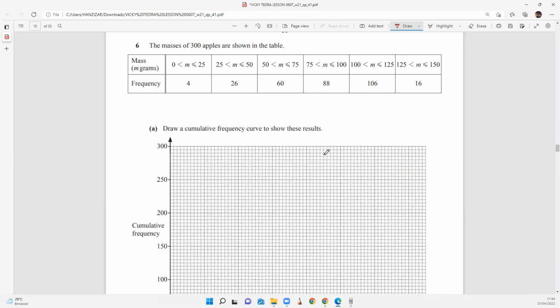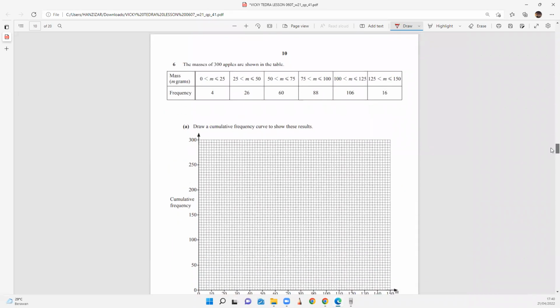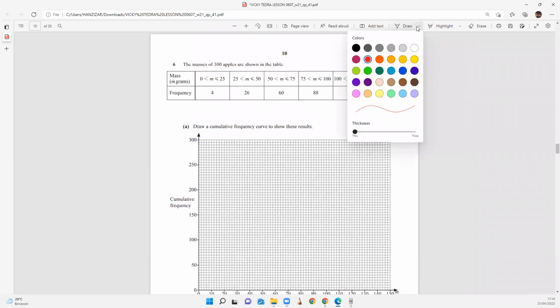Oh man, I hate this. Why? Cylinder eyes. Okay, the masses of 300 apples are shown in the table. From 0 to 25, the frequency is only 4.